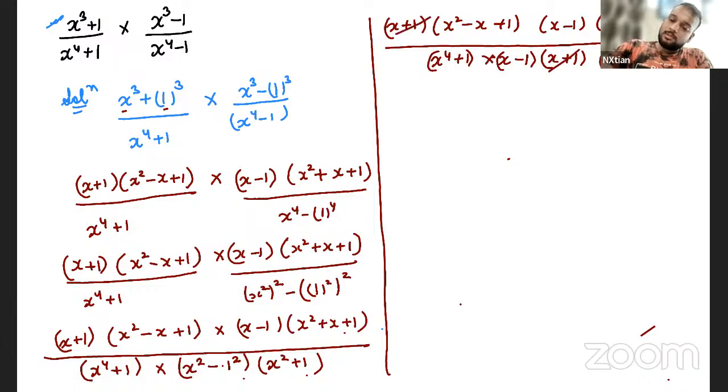Now this and this will cancel. Okay. Now the remainder we have is x square minus x plus 1 over x squared plus 1.